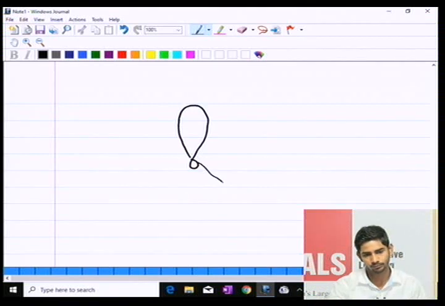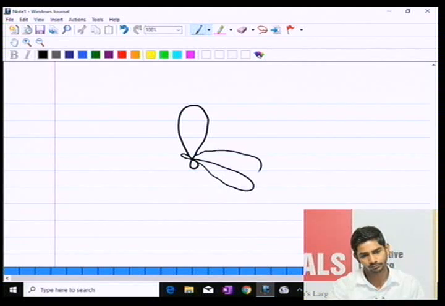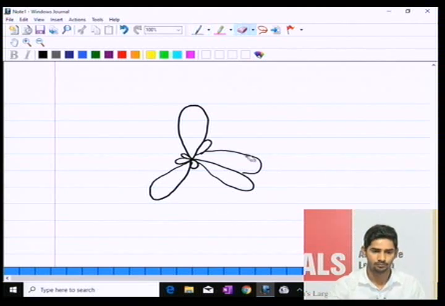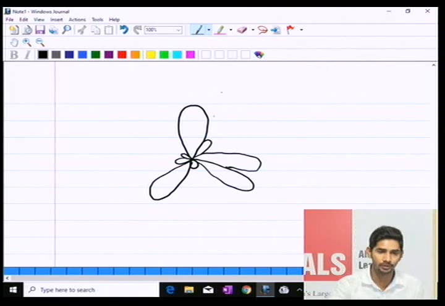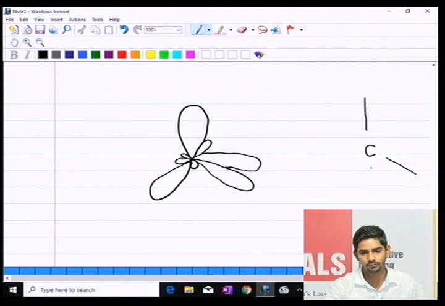First lobe, second lobe, third, fourth. Clear? This is how you can arrange the 4 orbitals. Look at this. This is the carbon. 1, 2, 3, 4.